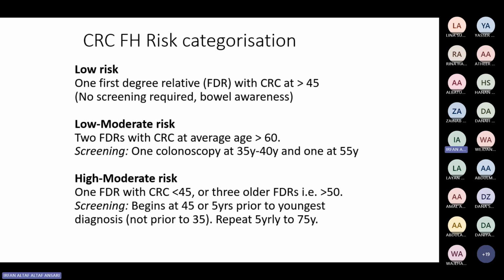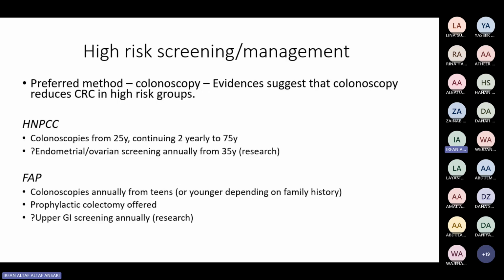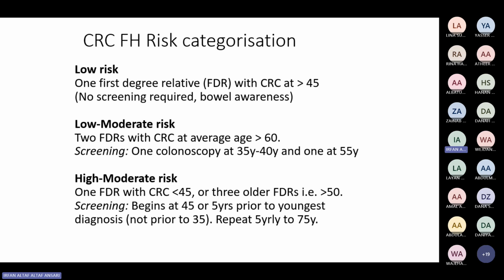Now, risk categorization. When do you call it low risk, low moderate risk, high moderate risk, and high risk? Low risk is only one first degree relative with colorectal carcinoma at more than 45 years.